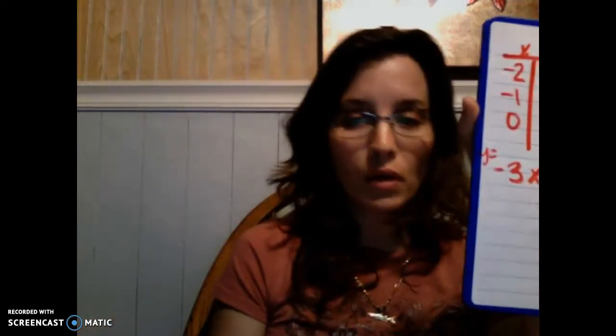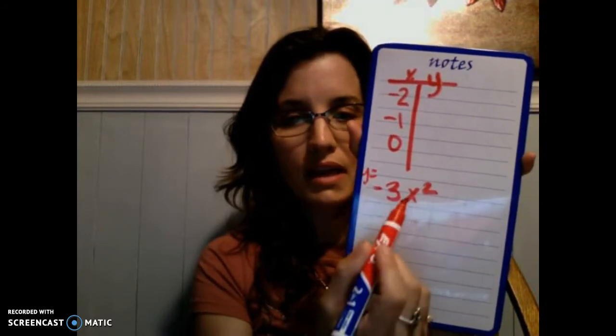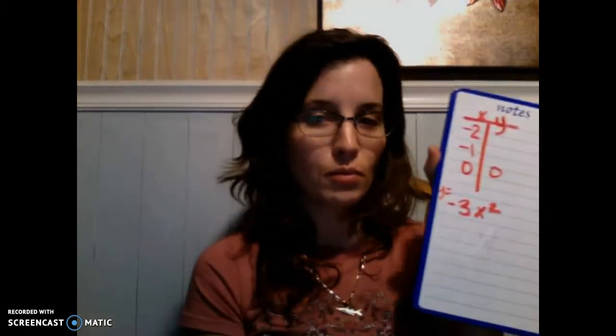When x is 0, the easiest one, what is my y going to be? Well, 0 squared times negative 3 is still 0. So I've got my first point. That one I knew. I'm going to do negative 2. Whenever we are substituting into an equation, you want to make sure that you put it in parentheses so that you're carrying the sign with it.